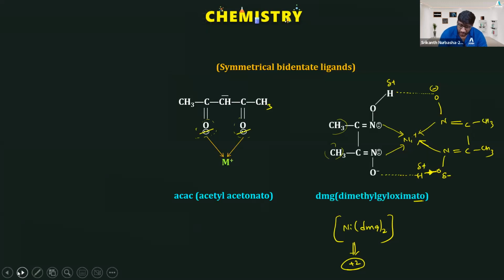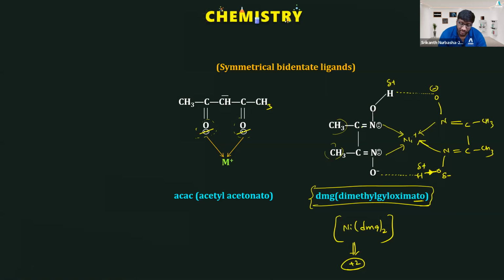If you remember, we have discussed a ligand like DMG, dimethylglyoximato. It is a bidentate ligand, and I gave an example like Ni(DMG) taken twice, where nickel is in the +2 oxidation state. Why is it so? Because in one DMG you have only one O minus. In two DMG, we will have two O minus.